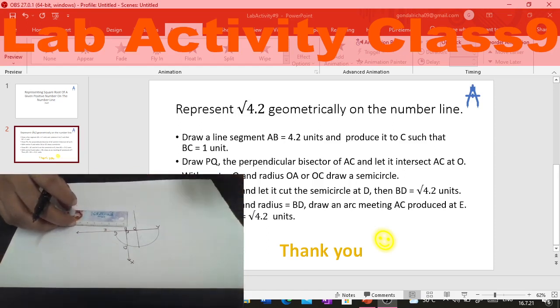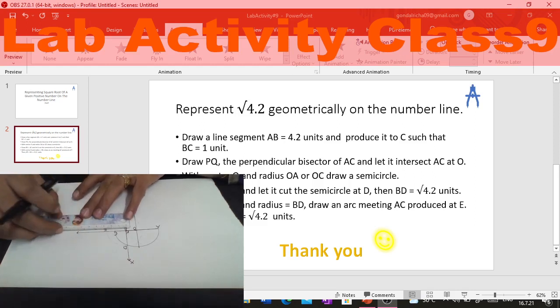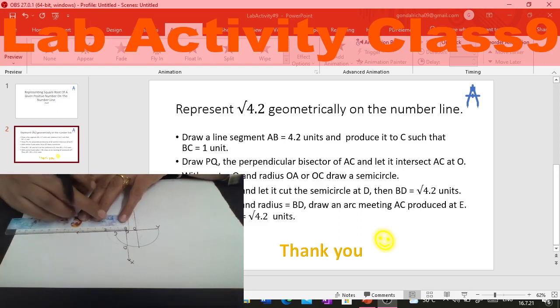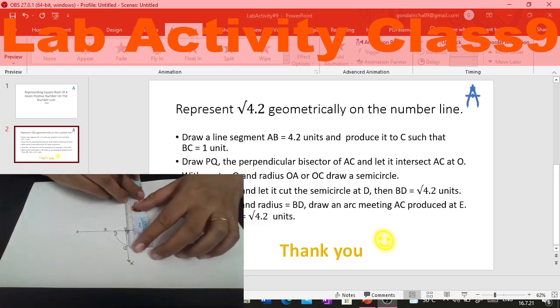Now let's measure the approximate length of BE or BD with the help of a ruler to justify your answer. See, if I measure it, it is coming to somewhat 2.5. BE is 2.5. Same BD, the length of BD is also coming as 2.5 centimeter.